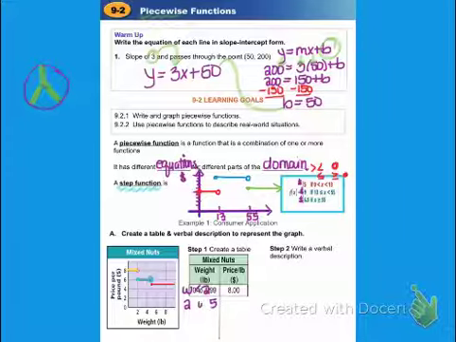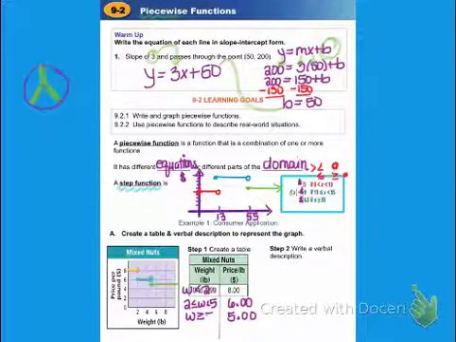In other words, if the weight was less than 5, but greater than or equal to 2 pounds, then they only charge you $6 a pound. They're giving you this bulk discount, a cheaper price because you're buying more mixed nuts. And then finally, the price drops down to its lowest point of $5 when you buy 5 or more pounds, so when the weight is greater than or equal to 5 pounds.